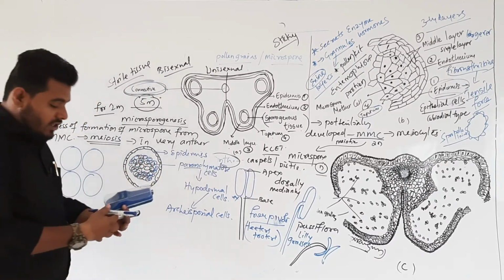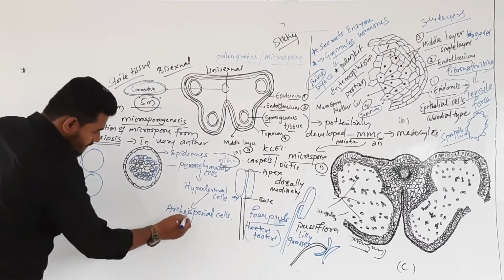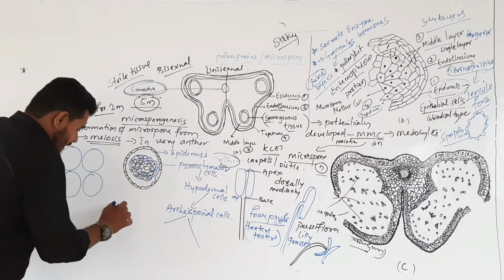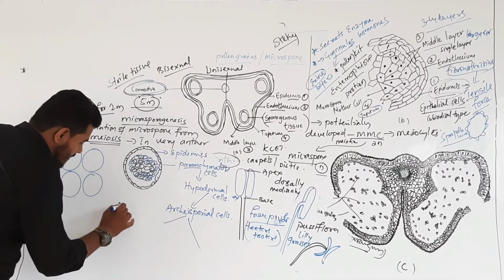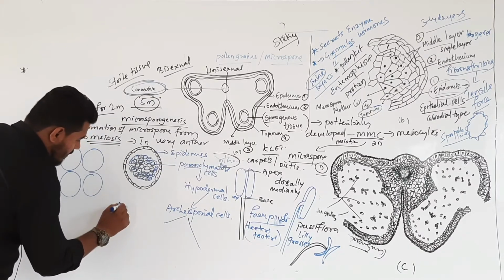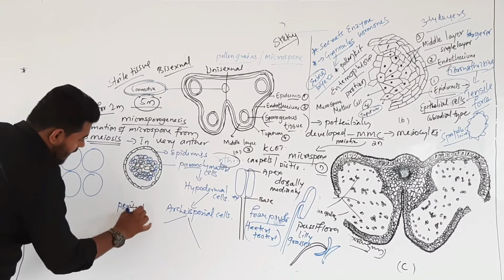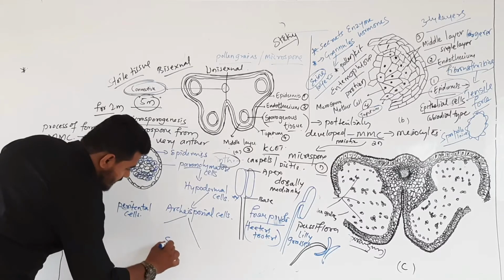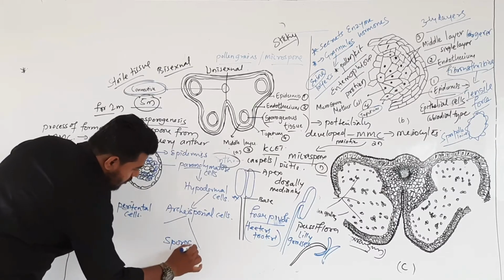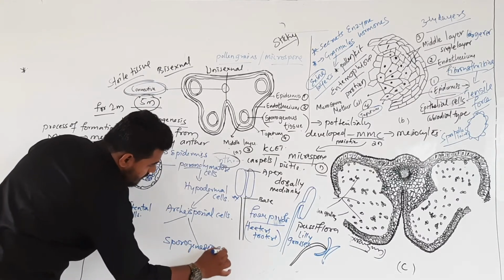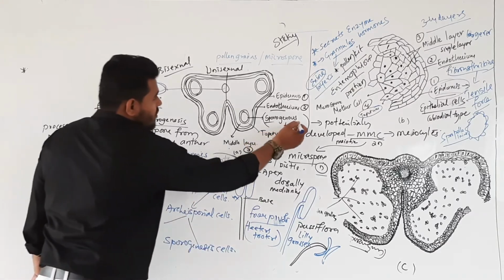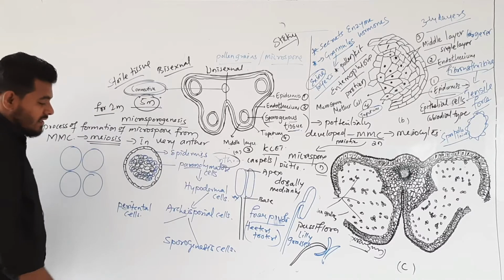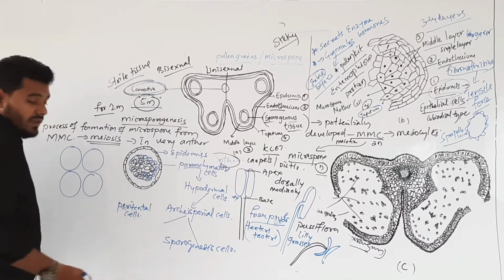Okay, the archesporial cell divides and differentiates into 2 types of cells. The first is parietal cells, and the second is sporogenous cells. So this sporogenous tissue which you see here is these sporogenous cells, or these parietal cells.